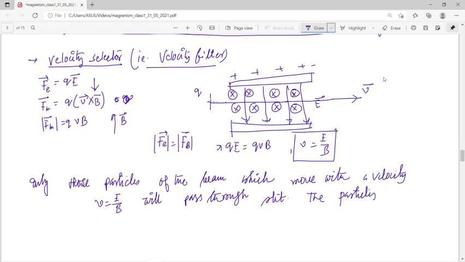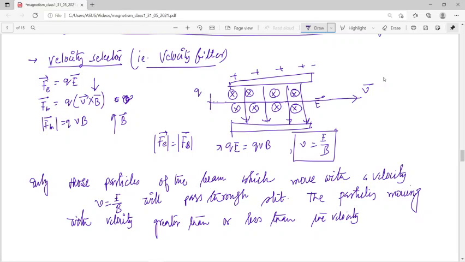The particles moving with velocity greater than or less than the velocity E by B will not pass through the slit.